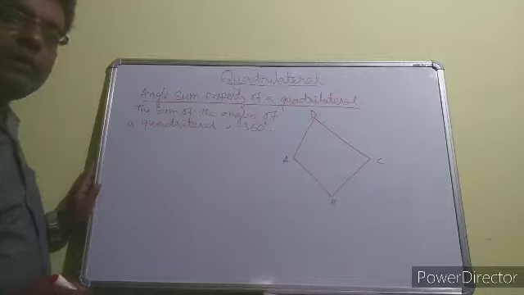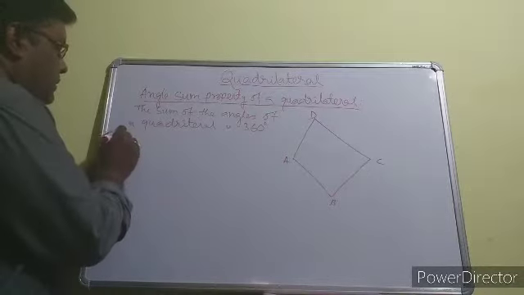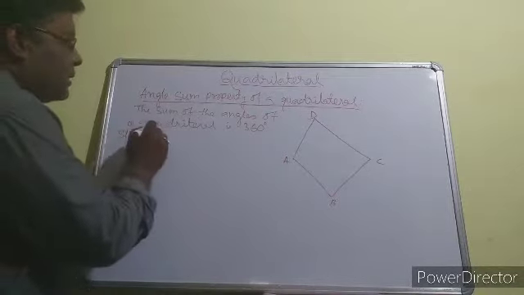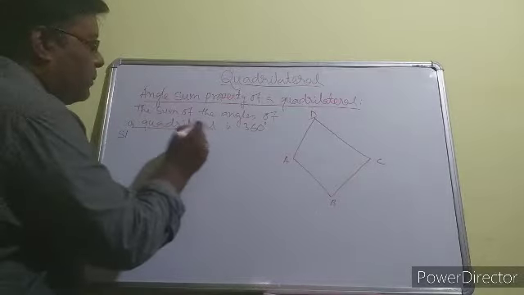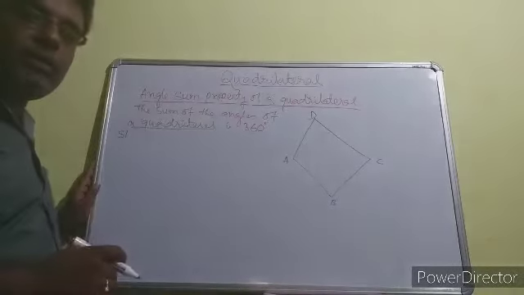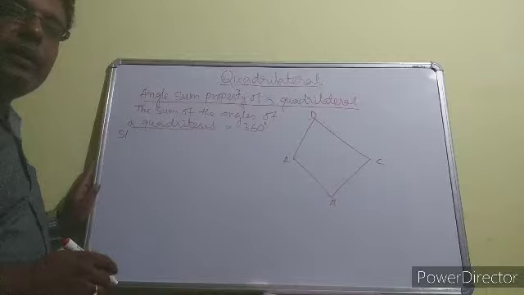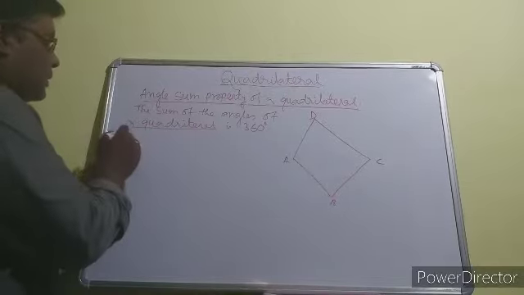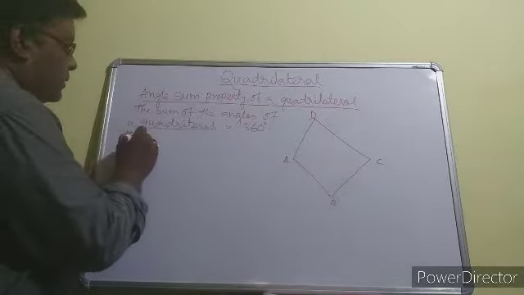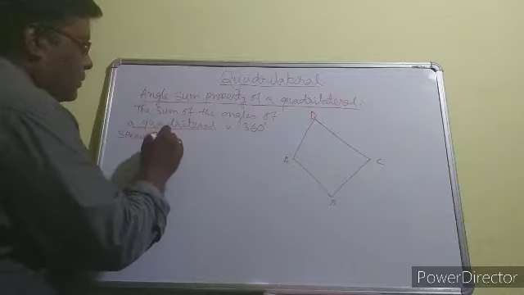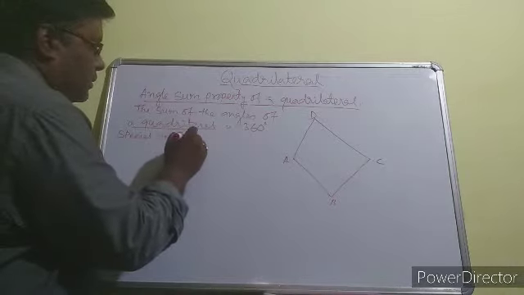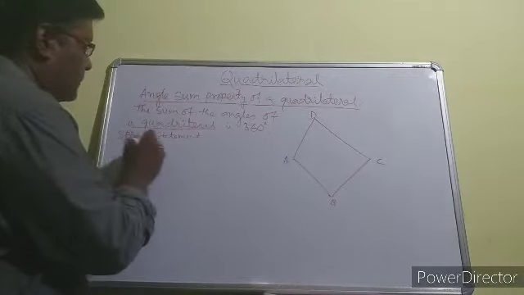Now we have to prove it. So it is a special statement, because it is a quadrilateral, but the name of the quadrilateral is not given here. So you have to identify the figure. It's called a special statement.